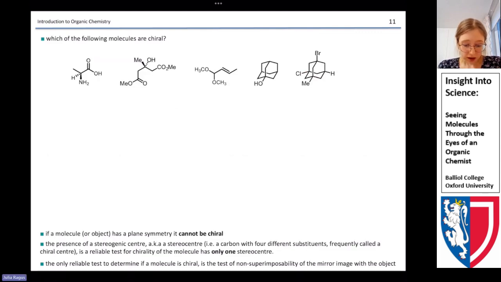Right, so I'm going to give you another minute to determine which of these molecules are chiral.